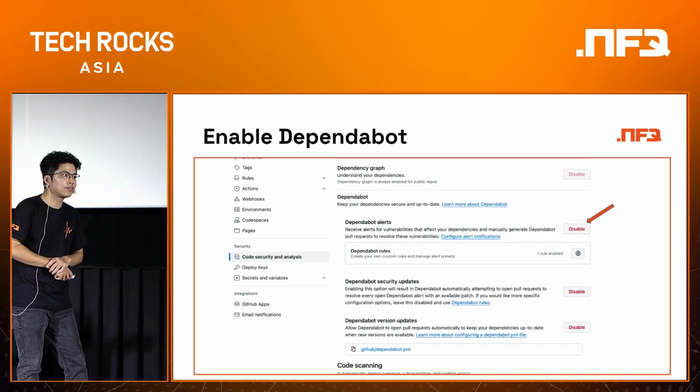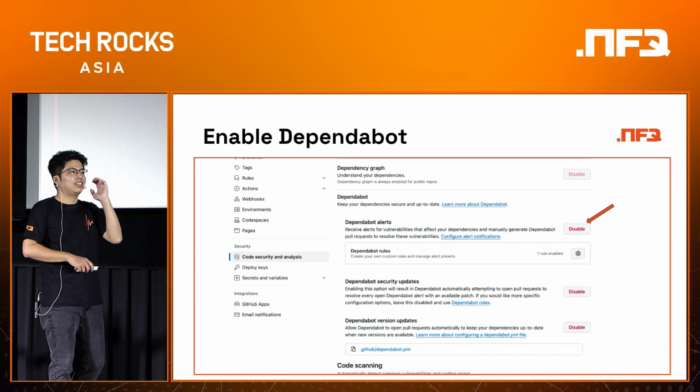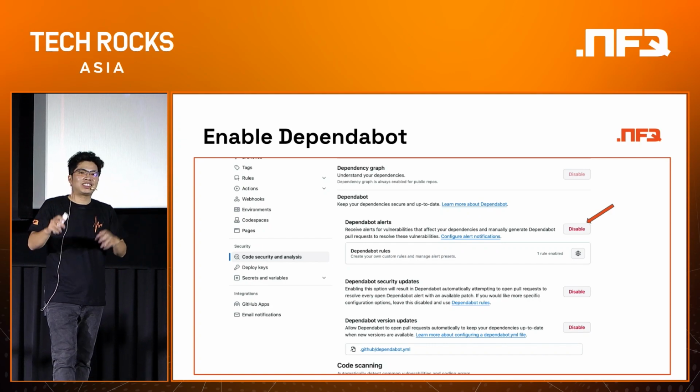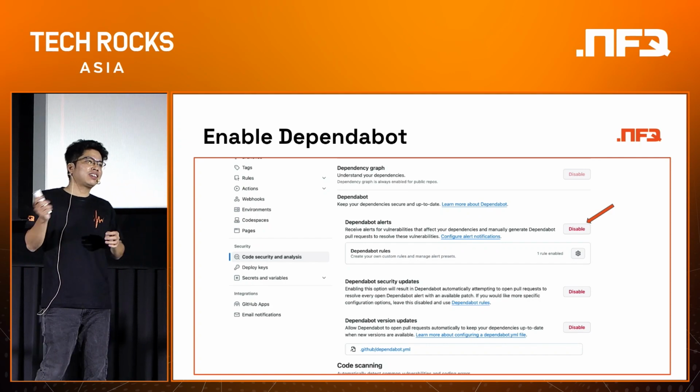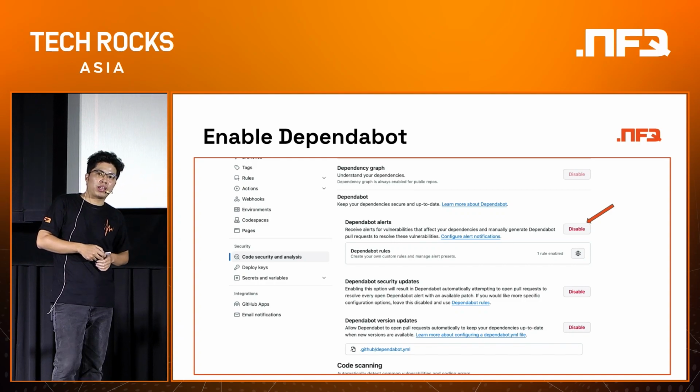So what is the time to set up Dependabot? Is it as easy as you showed, like just click, click, click? Yes, it's just a few clicks and it's enabled because it seamlessly integrates with GitHub, the version control platform that you're using.